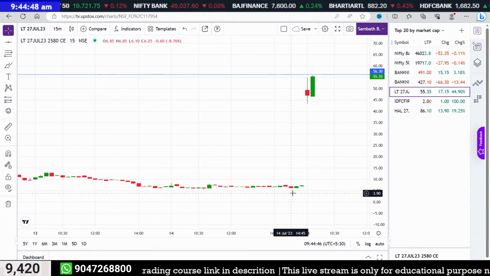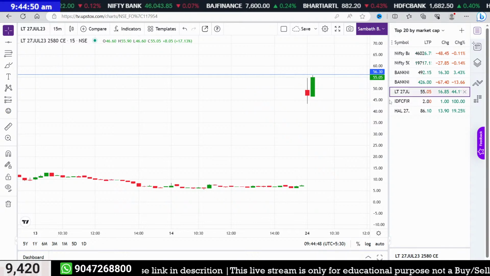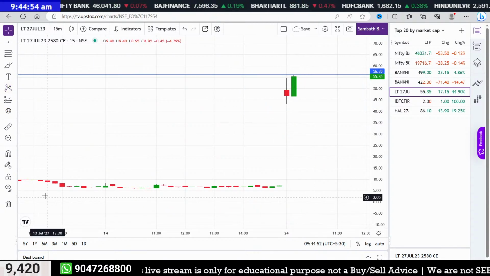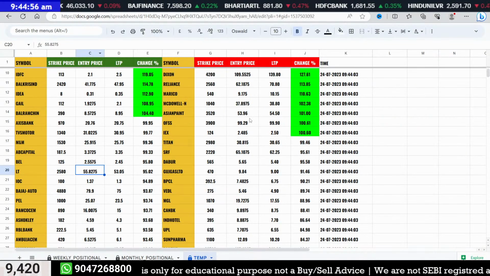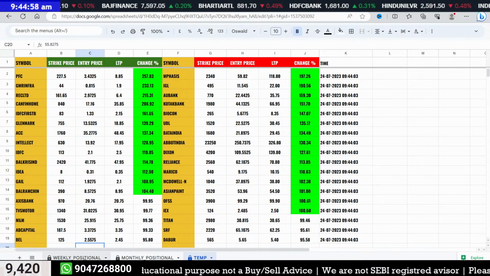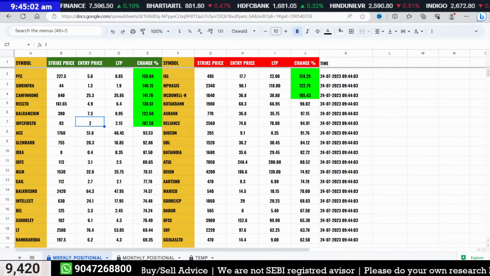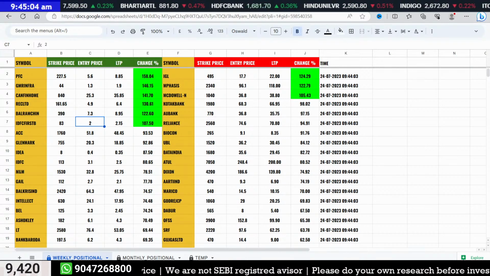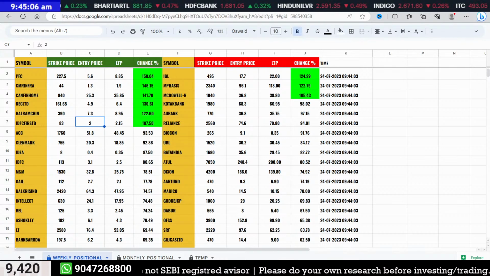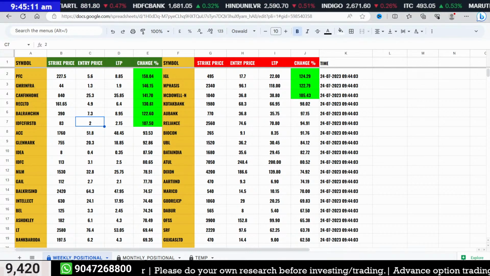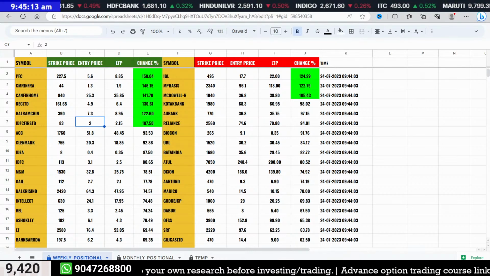I think it's now already 56, and now it is almost 55.9. 56 above we can track. And any other weekly opportunities? Let me go for IDFC First Bank, currently trading at 2 rupees. ACC and REC.